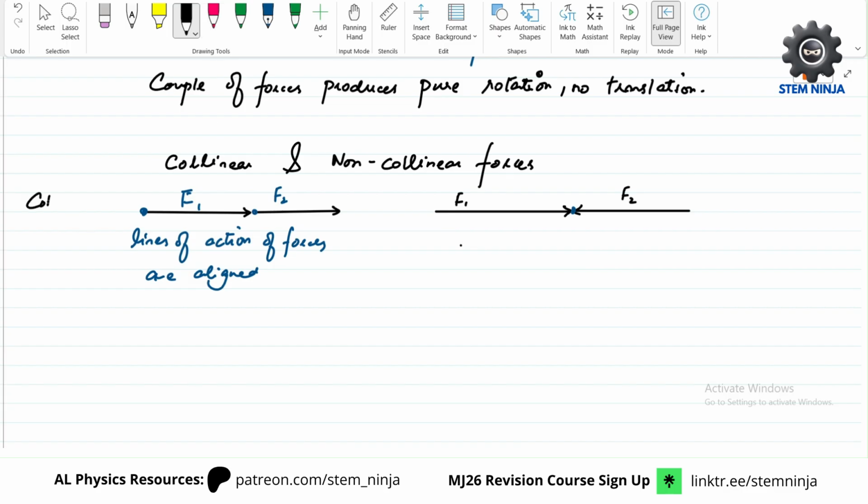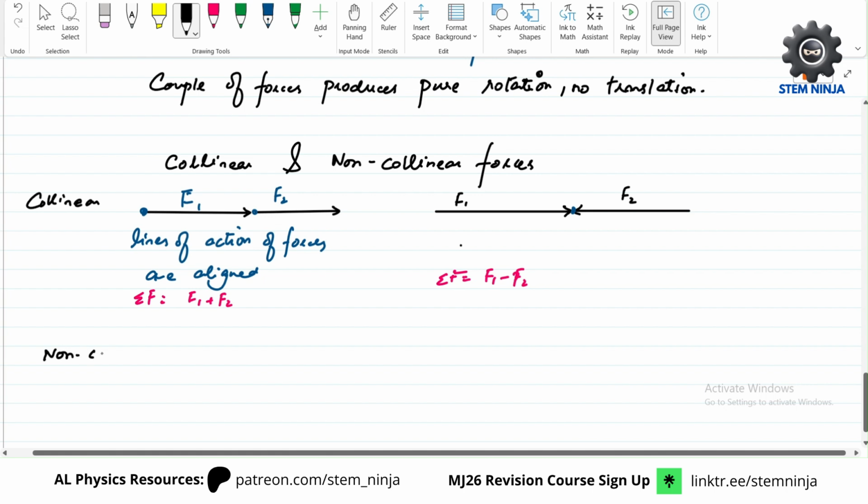So this is collinear. In this case, you have F1 plus F2 as the resultant force, and in this case, you will have F1 minus F2.